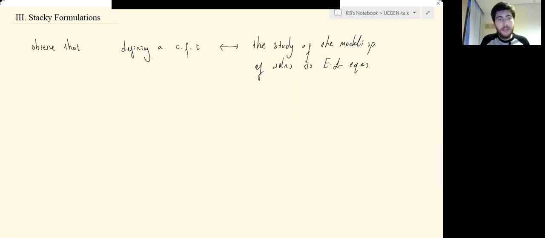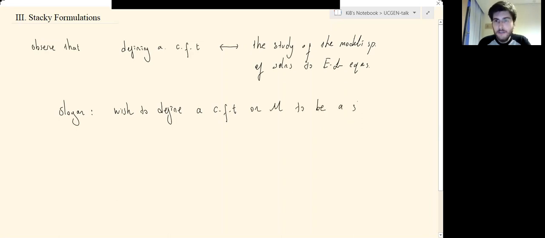Now we have a new language to deal with problems in moduli theory. Our slogan, or punchline, if you like, is that we wish to define a classical field theory on M to be a sheaf of derived stacks on M. This is our goal, our motivation.